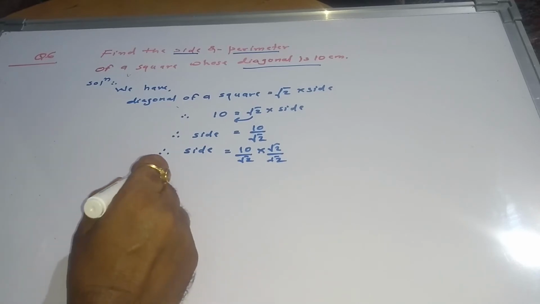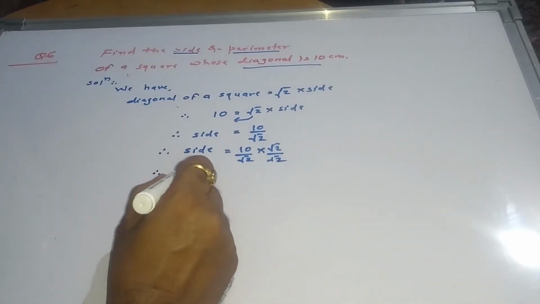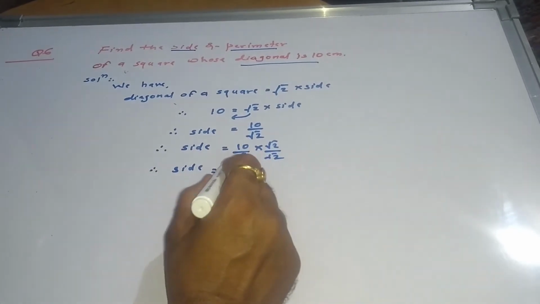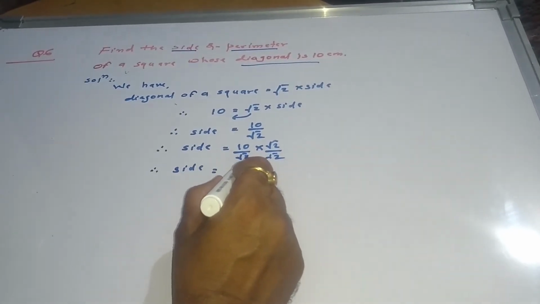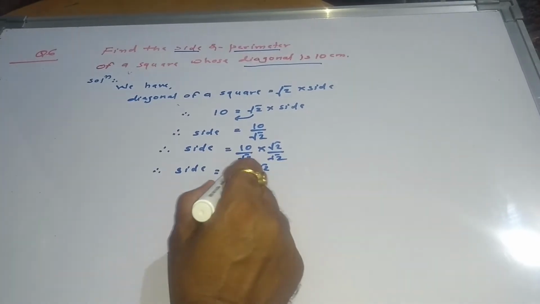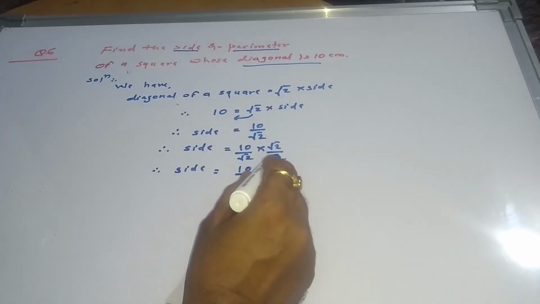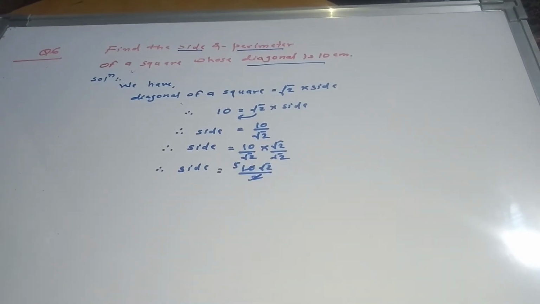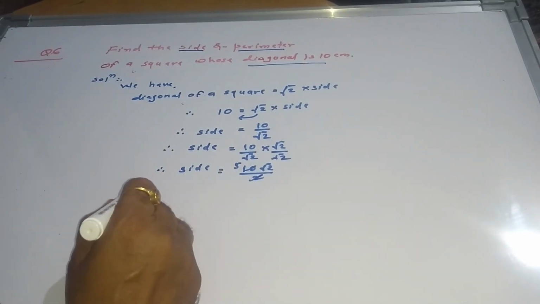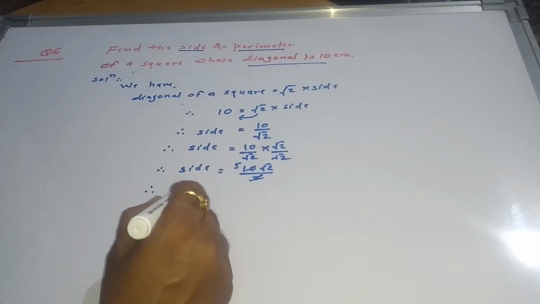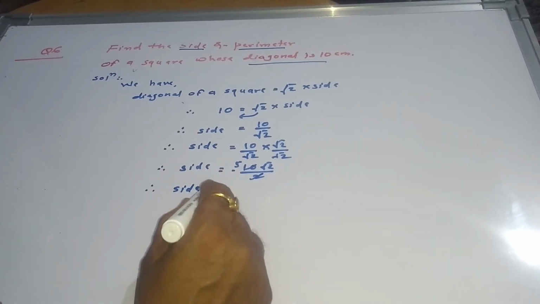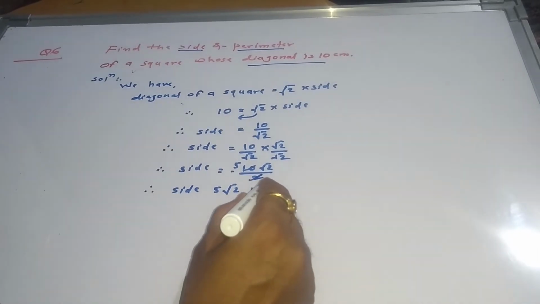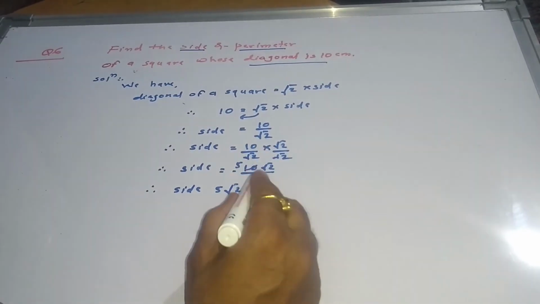Therefore side of a square is equal to 10 √2 upon √2 into √2 means 2. Therefore what is side? Here remaining is 5 into √2 unit or centimeter, 5 √2 centimeter.